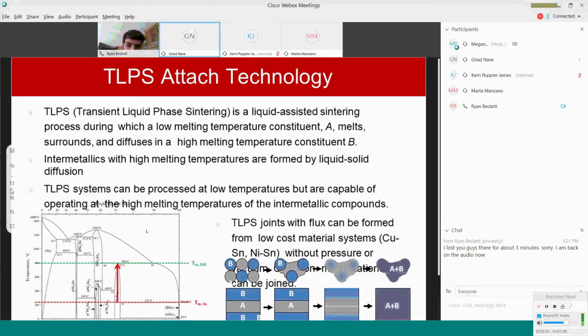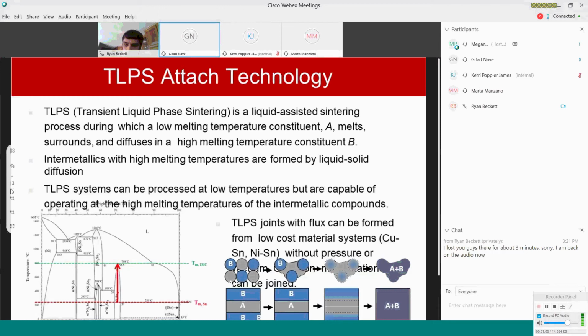This allows us to do soldering at very low temperatures where the lower material melts, but then have that solder joint be very reliable up to much higher temperatures where we would want to operate the electronics. So we can do it at low temperature, not damage the electronics, but then have it able to be operated at a much higher temperature.